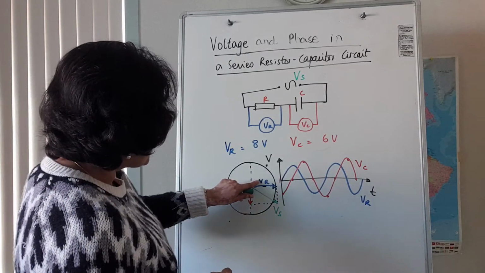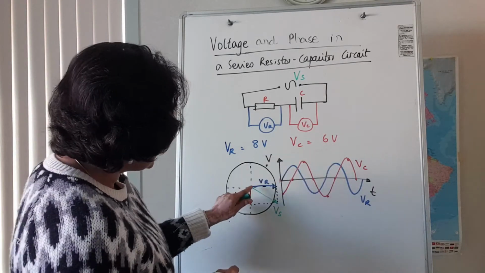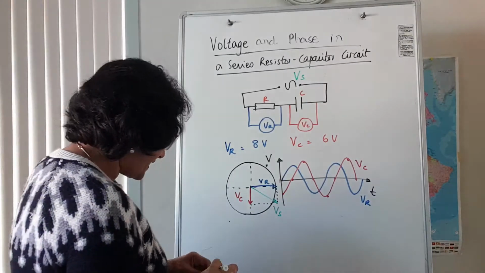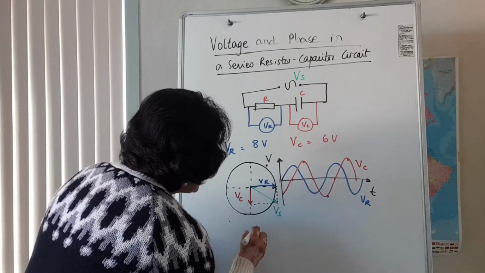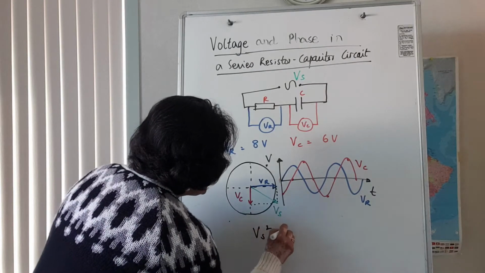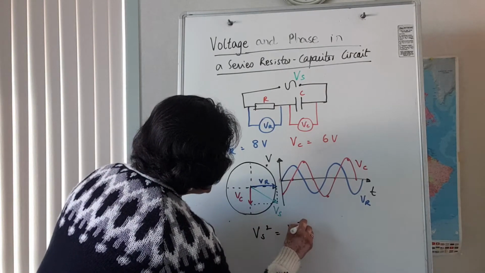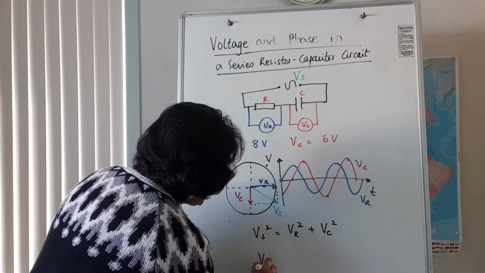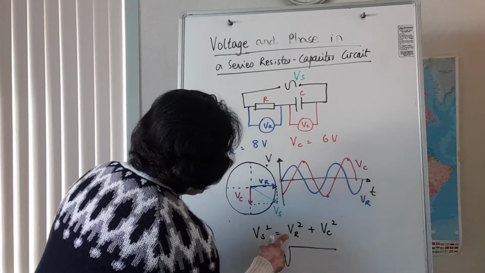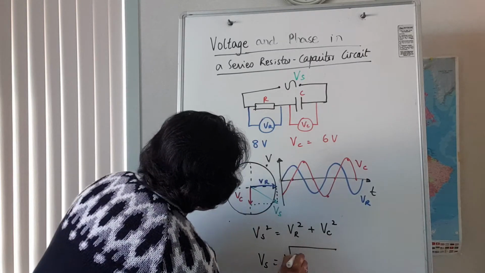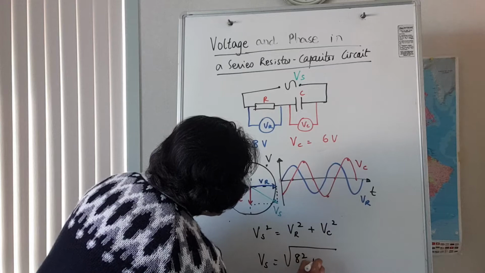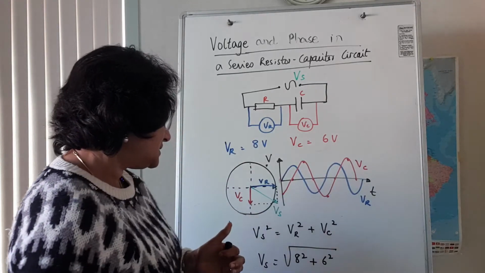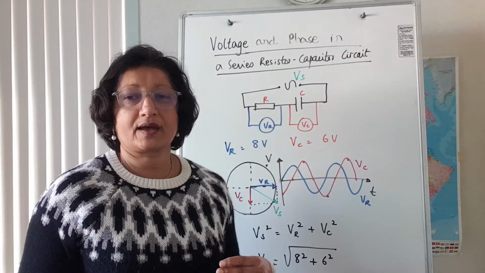If VR is 8 and VC is 6, looking at that triangle, it's a right angle triangle. You can use Pythagoras: VS squared equals VR squared plus VC squared, so VS is the square root of 8 squared plus 6 squared. 8 squared is 64 and 6 squared is 36.